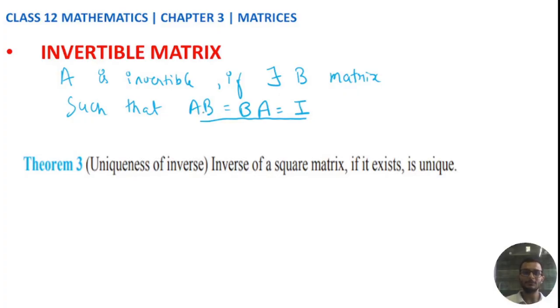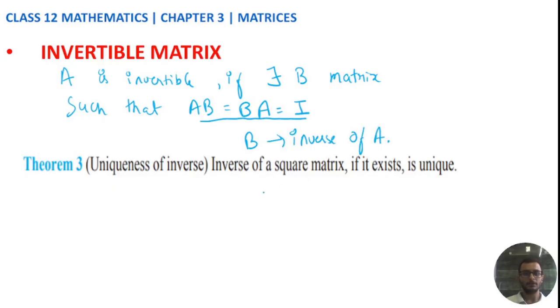But here a matrix is not always invertible. So you say A is invertible if there exists some matrix B for which this property holds, that if you multiply B from the right side or from the left side, you get the identity matrix. Then you say that your A is invertible and this B is called the inverse of matrix A.